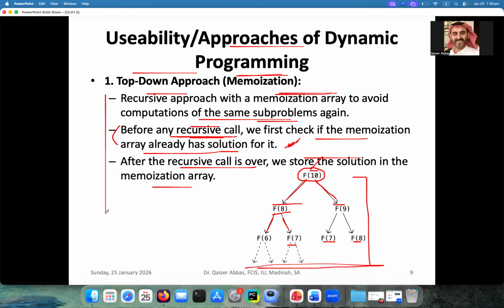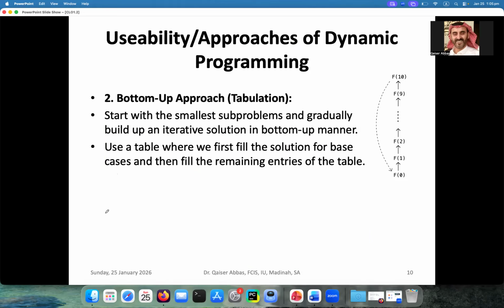So one design strategy is the top-down approach. The other name for it is memoization. So you can say dynamic programming via memoization, dynamic programming via top-down approach. We can use the words like that.